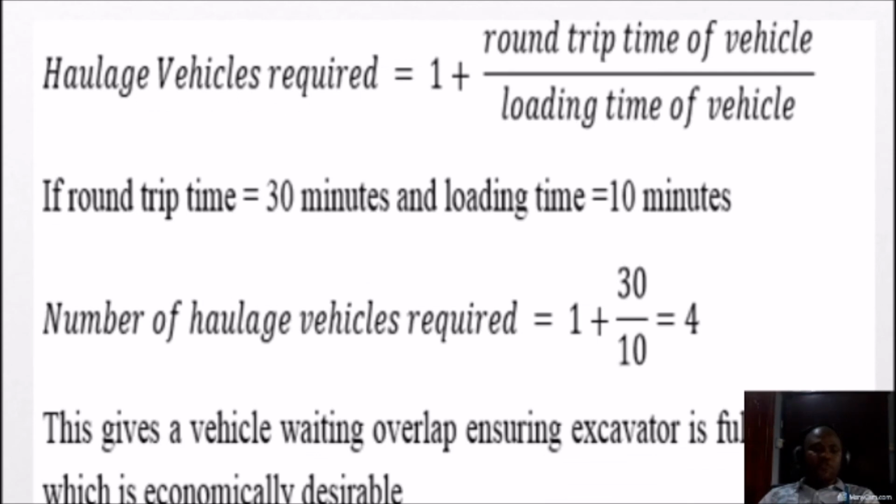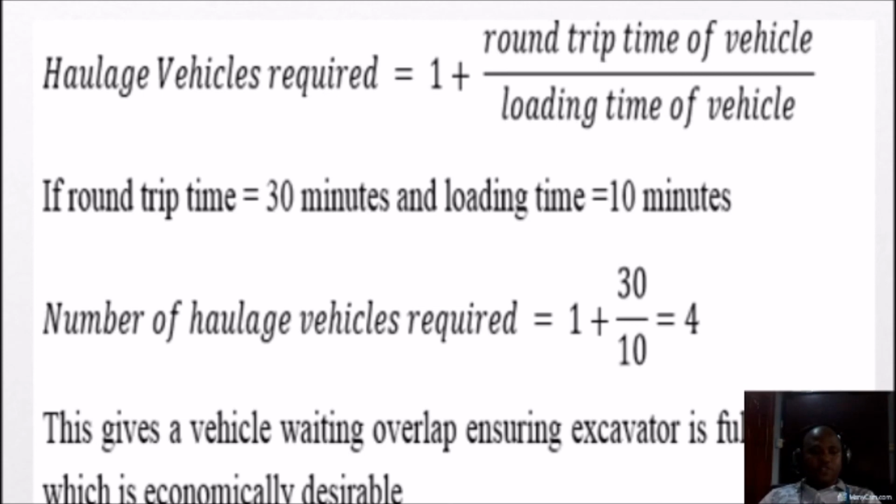Next, we need to find out the number of haulage vehicles. So we need to know what number of haulage vehicles do we require. So from the formula here, we have 1 plus round trip time of vehicle over loading time of vehicle. The round trip time is the time taken for the vehicle to leave the excavator, discharge its content and return back to the excavator.